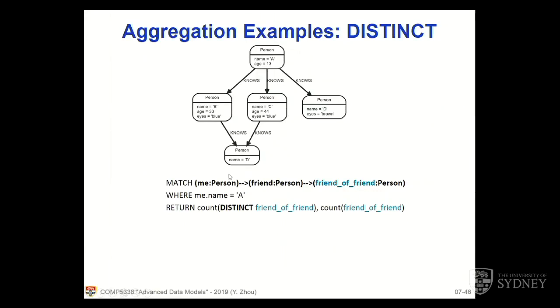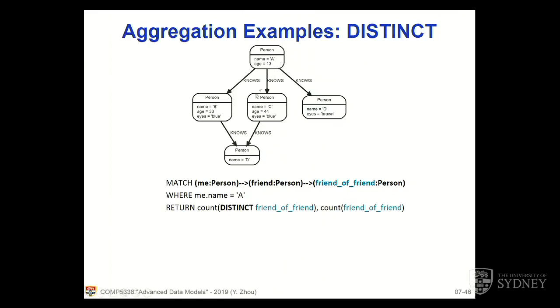We want to find a relationship between a person and another person and yet another person. So it's like friends of friends. This is the direct friend, and this is the friends of friends. And here, for a particular person with name equals 8, which is this person.